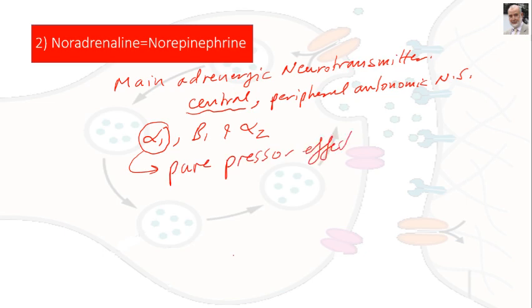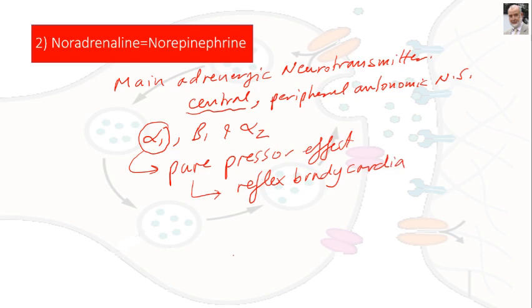And we said that in a high enough dose, the pressor effect can stimulate the baroreceptor reflex, which can result in reflex bradycardia, as we have explained with methoxamine.